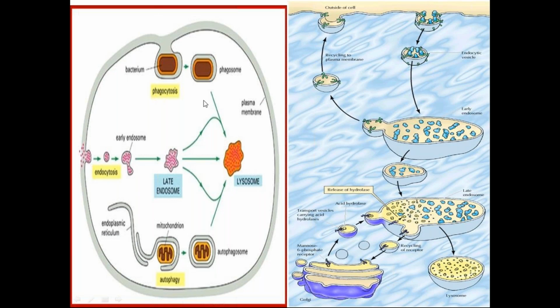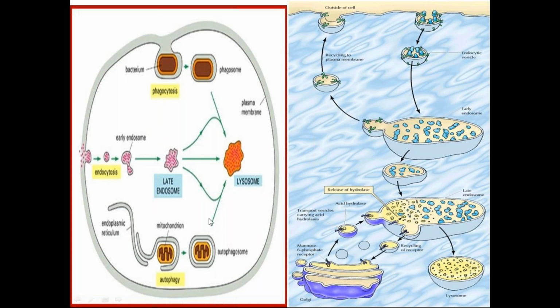So what are the three different pathways? The first is the phagocytic pathway. The second is the pinocytic pathway, which is also called the endocytic pathway. And the third is the autophagy pathway. Understood?